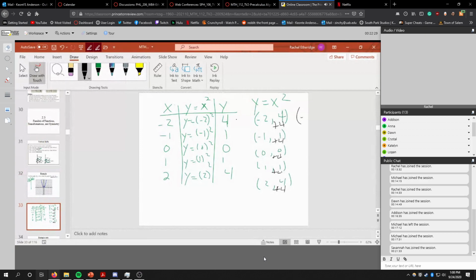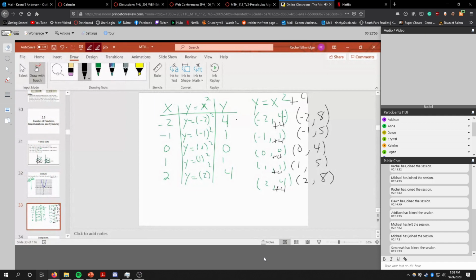So your new shifted graph would be, add 4, we get negative 2, 8, negative 1, 5, 0, 4, 1, 5, and 2, 8. So those would be your new ordered pairs for your vertical shift.